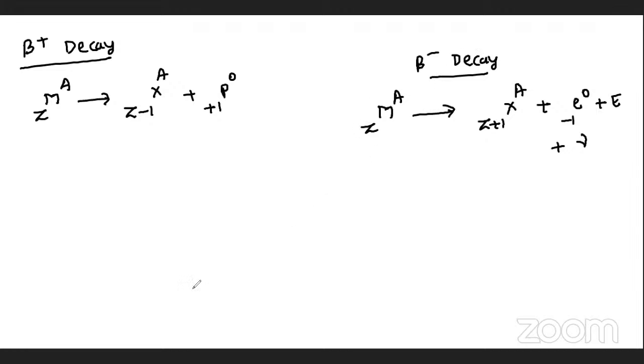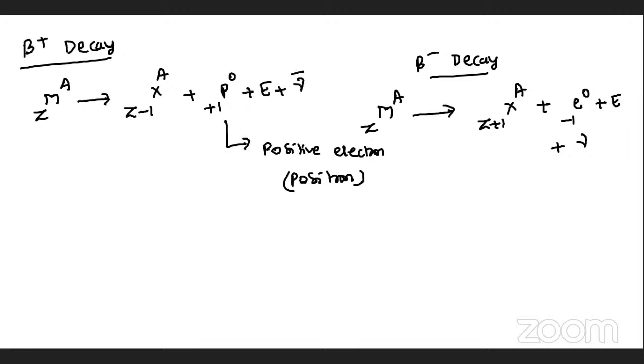This I can say is a positive electron, or we can call it a positron, plus some energy and still subatomic particles. This nu can be called a neutrino, and nu bar can be called an antineutrino. Neutrino and antineutrino are conjugate particles.